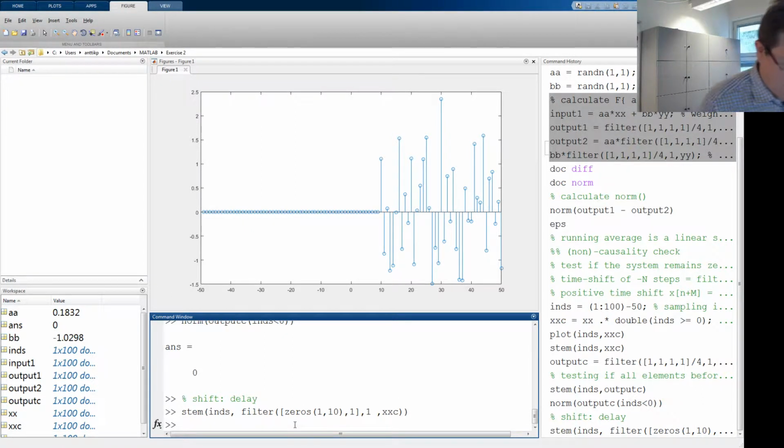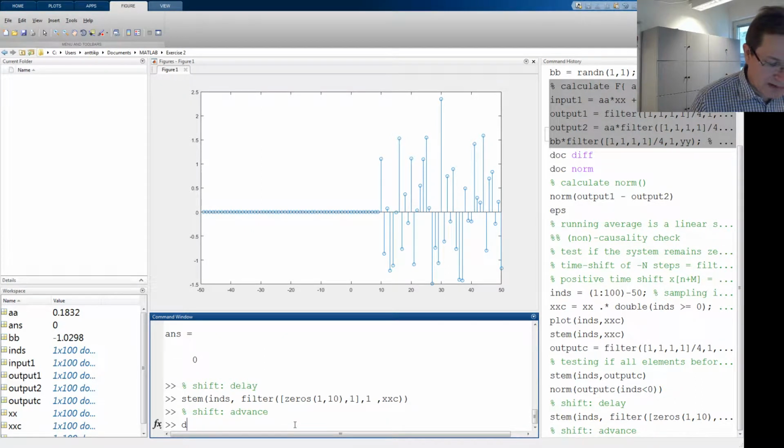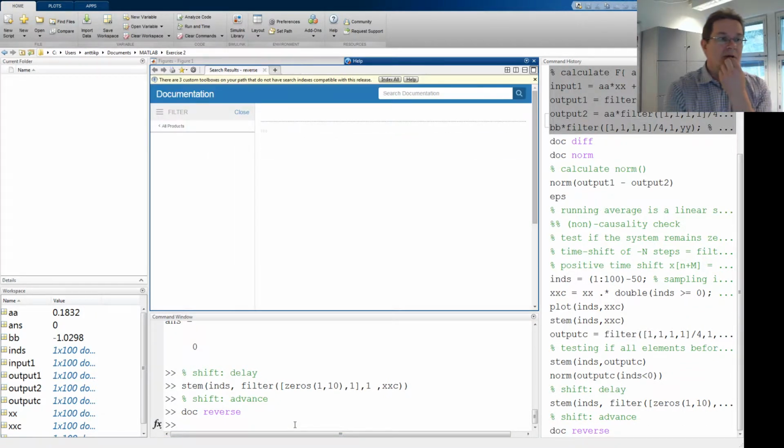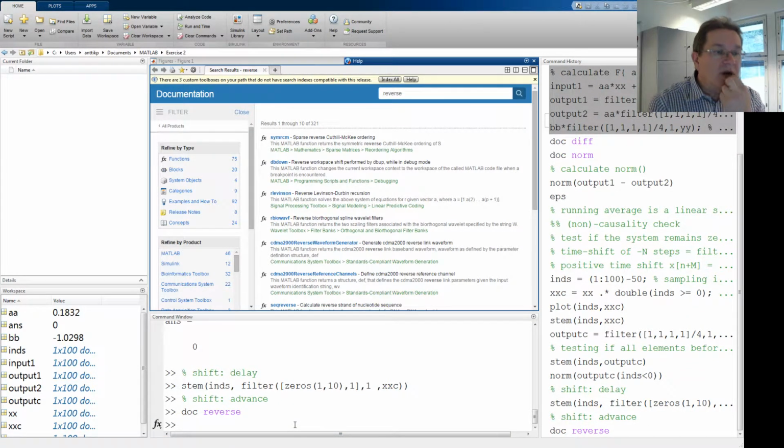And then shift for advanced operation, meaning the plus something, you need that one on that one. I'll see if we have a reverse function. No, we don't have it. I think you can use the flip. Flip.